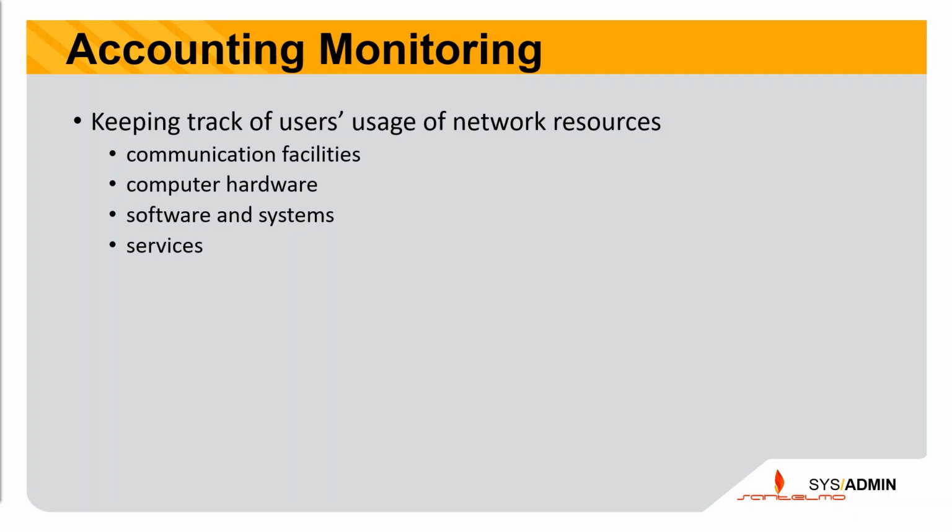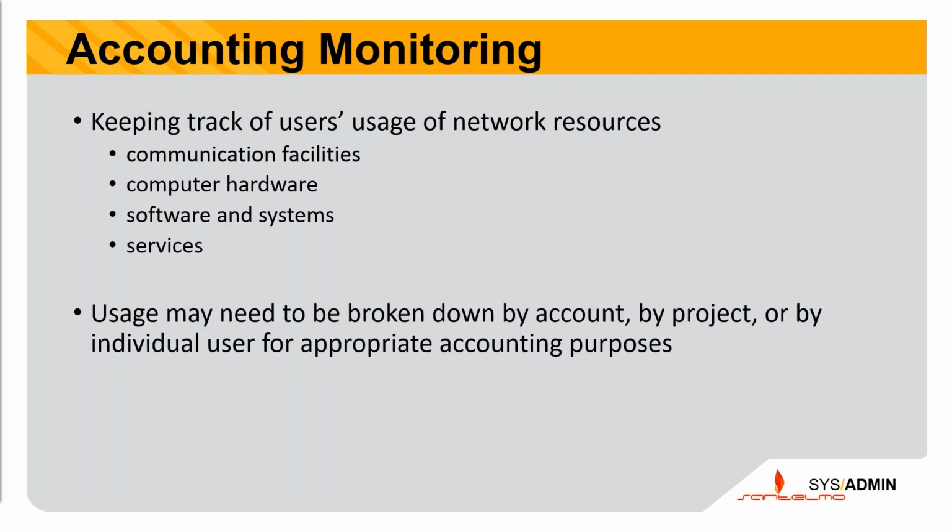As always, for every monitoring activity, we use an application, because we don't want to perform this manually. Usage may need to be broken down by account, by project, or by individual user for appropriate accounting purposes.